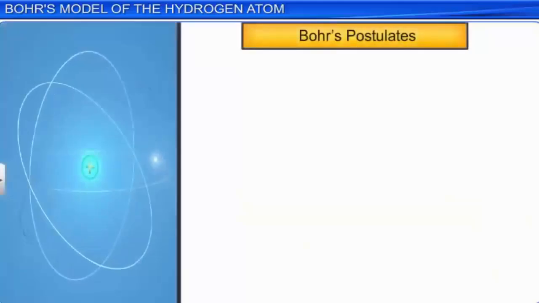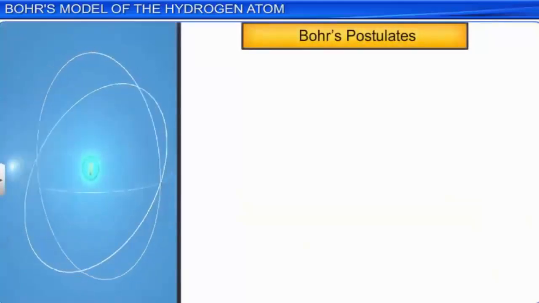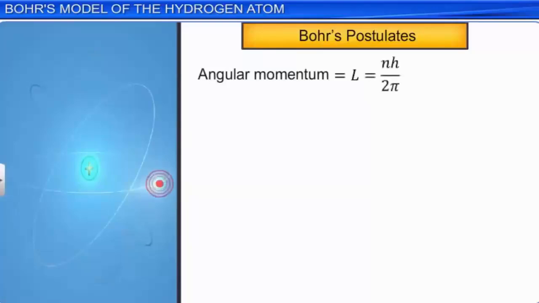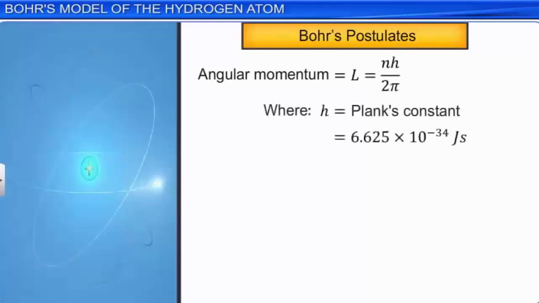According to Bohr's second postulate, the electron revolves around the nucleus only in those orbits for which the angular momentum L is an integral multiple of a constant equal to nh by 2π, where h is Planck's constant equal to 6.625 × 10^-34 joule second.